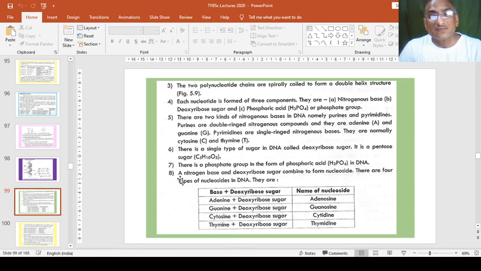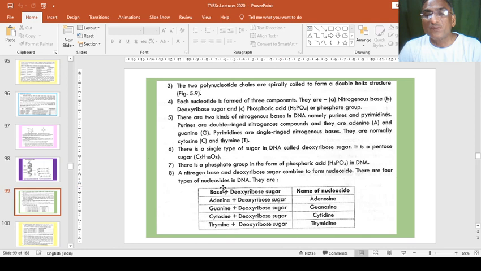A nitrogenous base and a deoxyribose sugar combine to form a nucleoside, and if we add a sugar phosphate, it is a nucleotide.